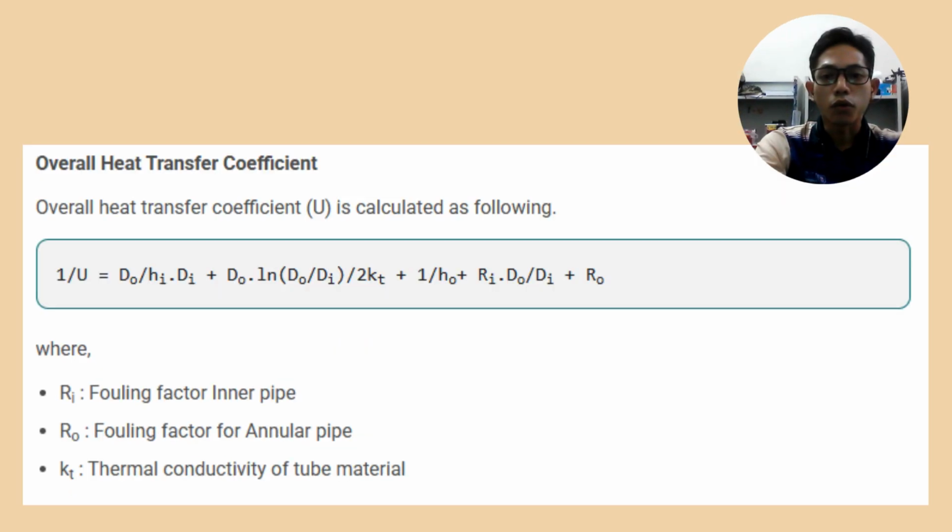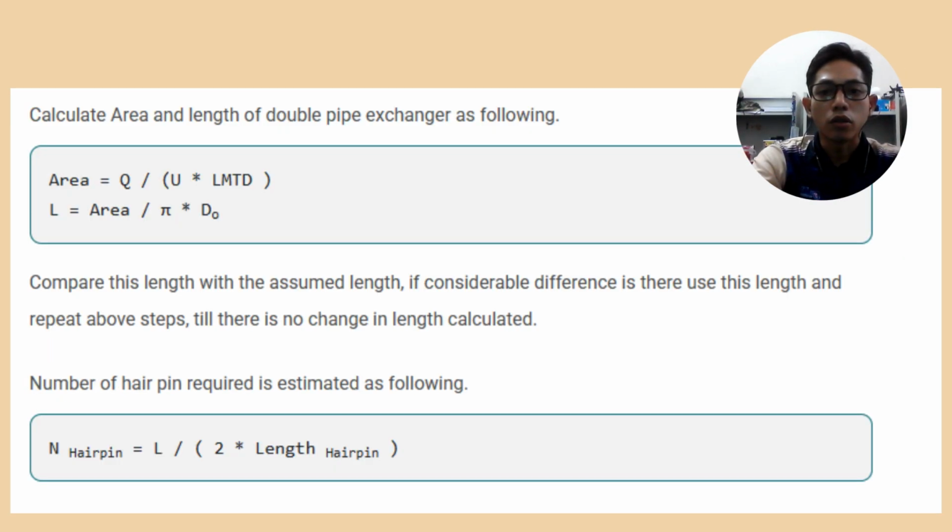Overall heat transfer coefficient is calculated as follows, where Ri is the fouling factor for the inner pipe, Ro is the fouling factor for the annular pipe, and Kt is the thermal conductivity of the tube material. Area and length can be calculated from the equation for the double pipe exchanger. Compare this length with the assumed length. If there is considerable difference, use these lengths and repeat the above steps until there is no change in the calculated length.